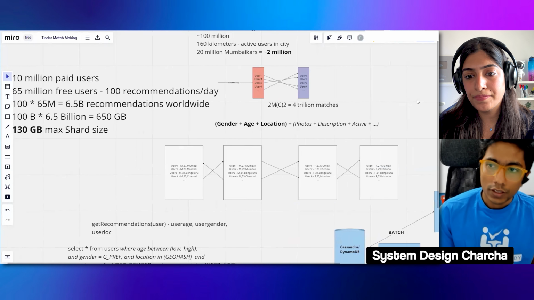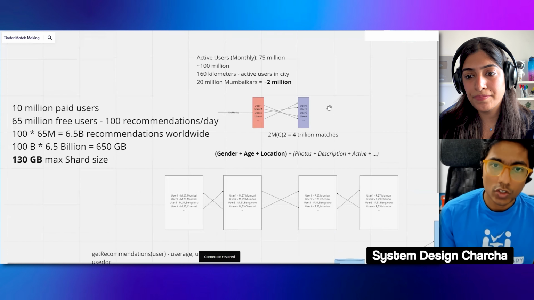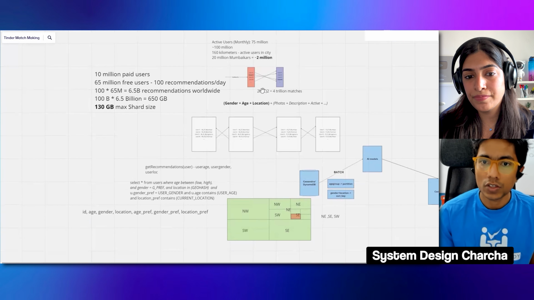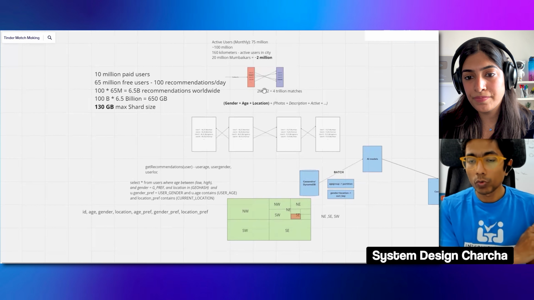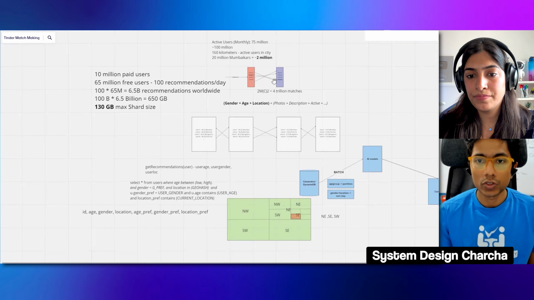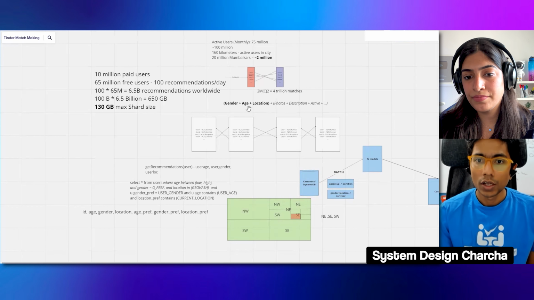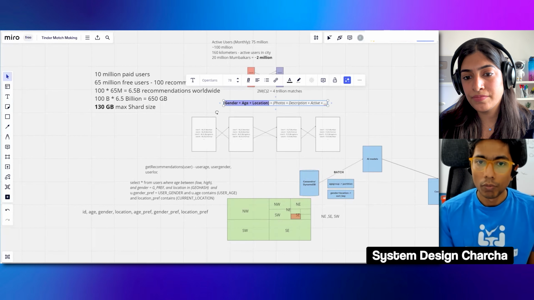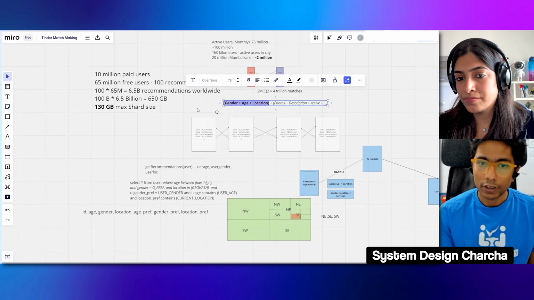Okay, that's it. Then we have talked about Tinder matching. Just to summarize, the initial problem we had is that trying to pre-compute with everybody didn't work, and trying to get things in real time with brute force didn't work. Both brute force approaches didn't work. We then decided on what factors really matter to us, and we saw that part of them are fuzzy, part of them are concrete factors.